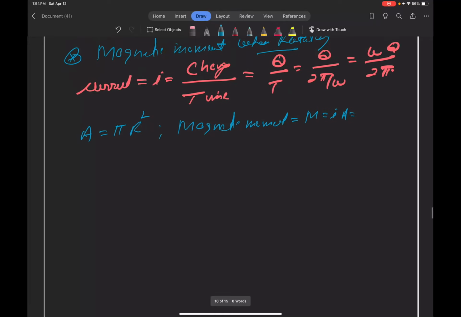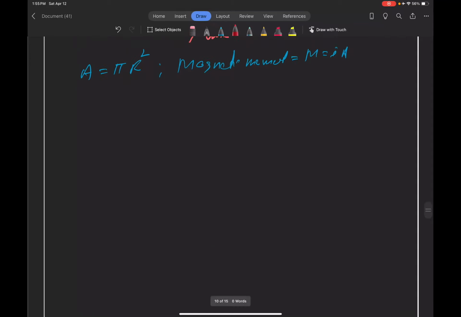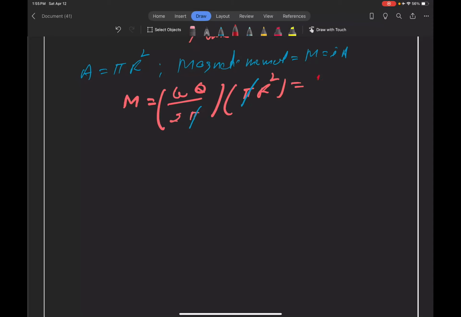We substitute the value of I: m is equal to omega q upon 2 pi, and we have our pi r square. Pi cancels with pi, so we get this as omega q r square upon 2. So this is the magnetic moment.